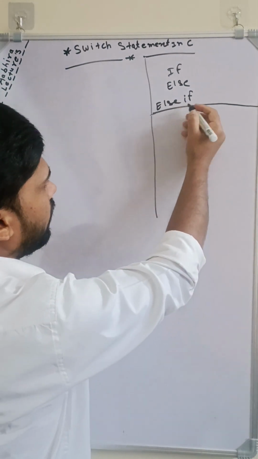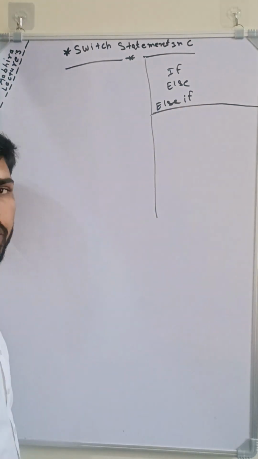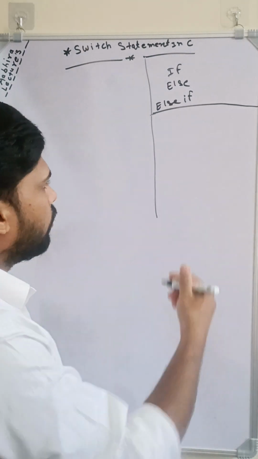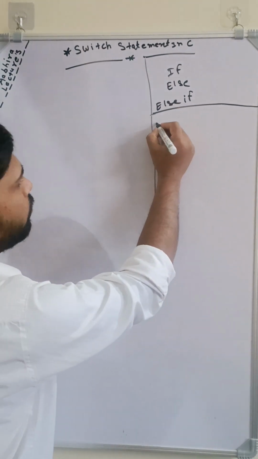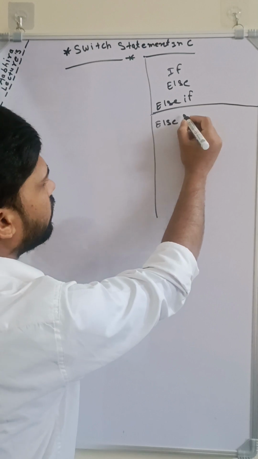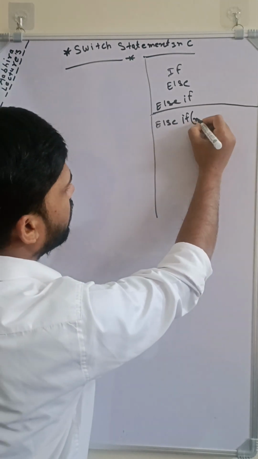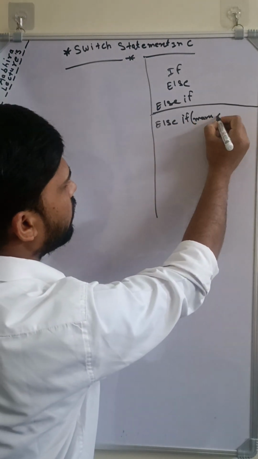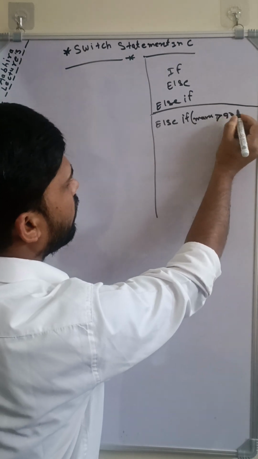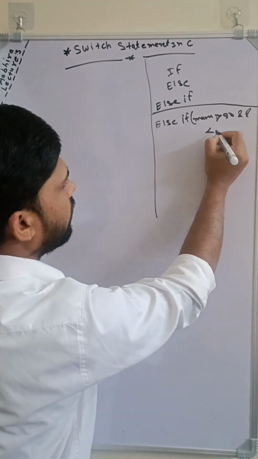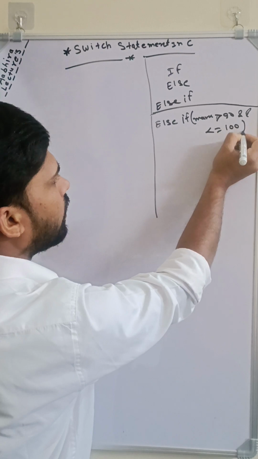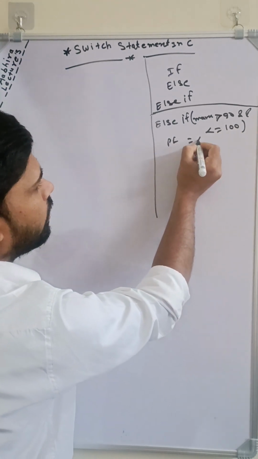In the else if condition, we write multiple blocks of code. Suppose we write else if marks is greater than 90 and less than or equal to 100, then print A plus.